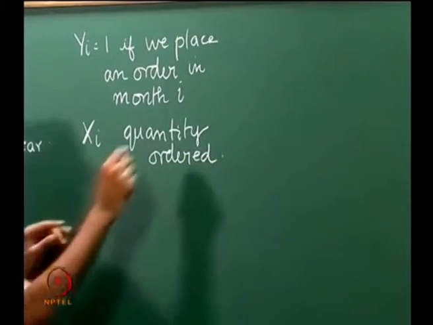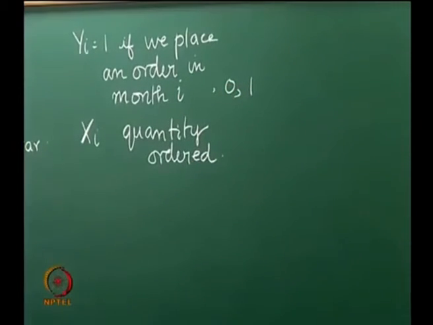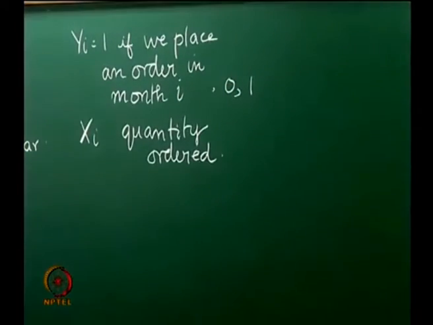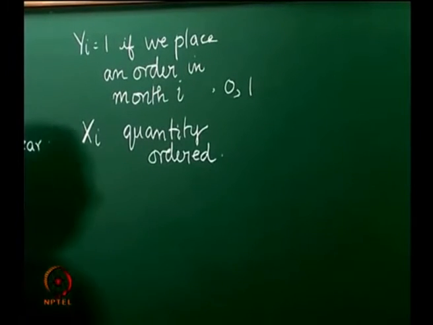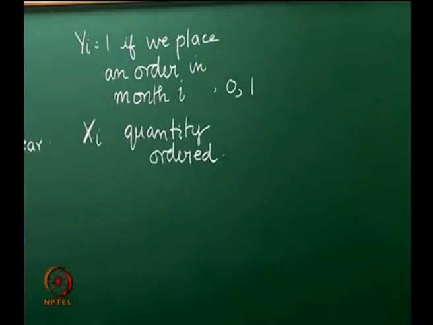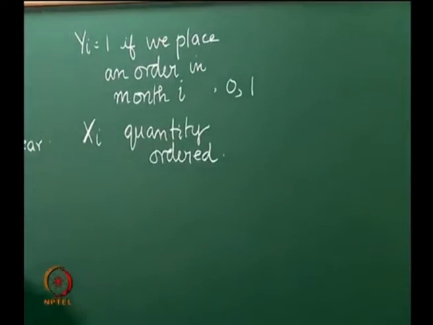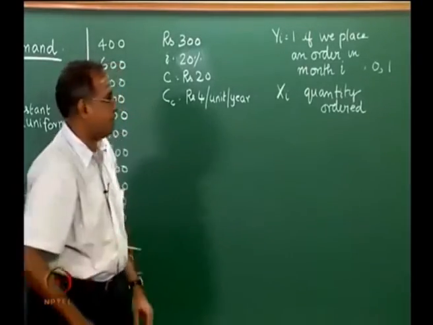So yi is a binary variable, so it is a 0 1 variable. We either place an order or we do not place an order. Xi is the quantity that is ordered. So the objective function will be to minimize the sum of the ordering cost as well as the inventory holding costs. We first write part of the objective function, then we write the constraints, and then we write the remaining portion of the objective function.